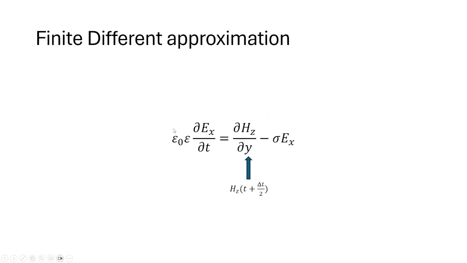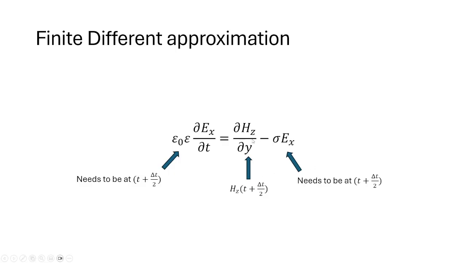So this is what the Maxwell equation looks like with loss, with the conductivity. And we know from the last 1D FDTD video that our magnetic field is located at a half time step, at t plus delta t over 2. Because of that, this time derivative needs to be located at t plus delta t over 2, and this term over here also needs to be located at t plus delta t over 2.